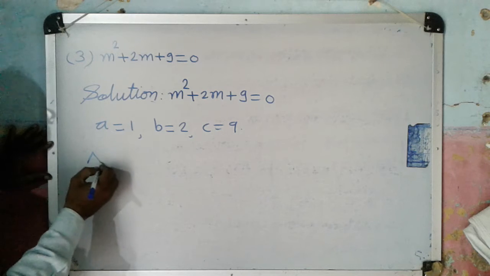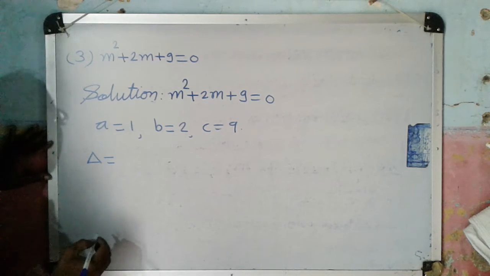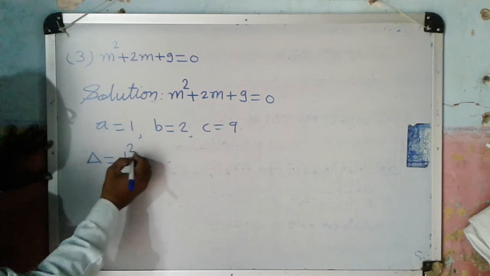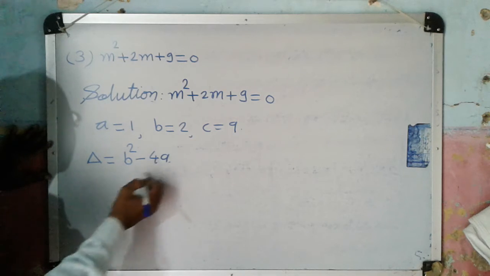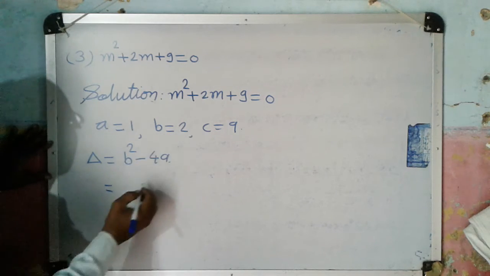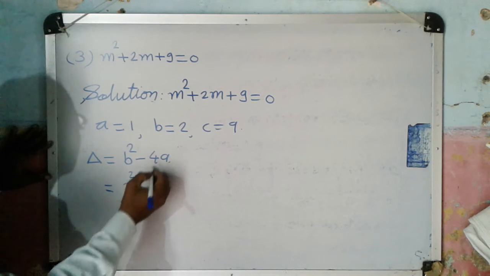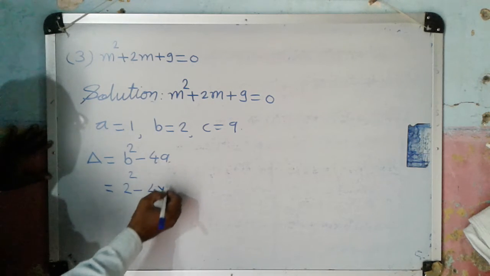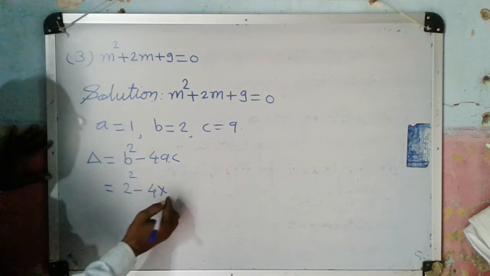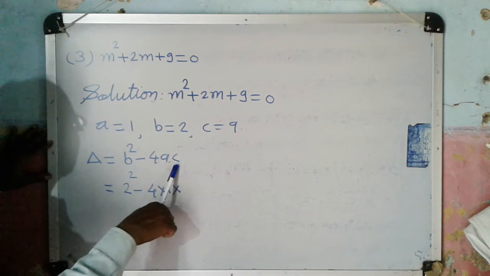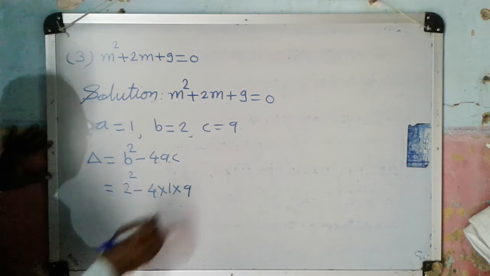Now the value of discriminant b square minus 4ac. That is, the value of b is 2, that means 2 square minus 4 into the value of a which is 1 into the value of c which is 9.